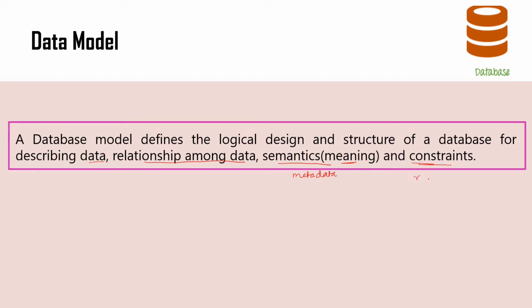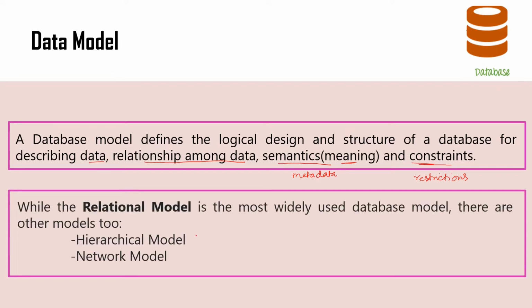Constraint means the restrictions imposed on the data. That means we can say a data model defines how data will be stored in it, how relationship among different data items will be shown, how data will be accessed, how data will be updated, how the constraints will be shown, how the semantics will be shown in the data model. Understood? So this is called data model.